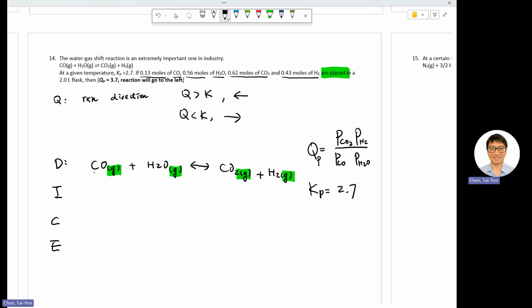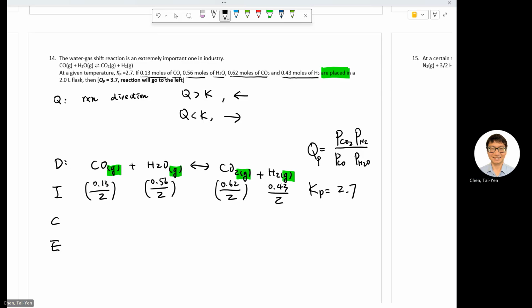Therefore, you know the CO is 0.13, H2O is 0.56, CO2 0.62, H2 0.43. But let's say just moles, right? And then it says you put it into a 2 liter container. Therefore, you know the concentration is simply moles divided by the volume.